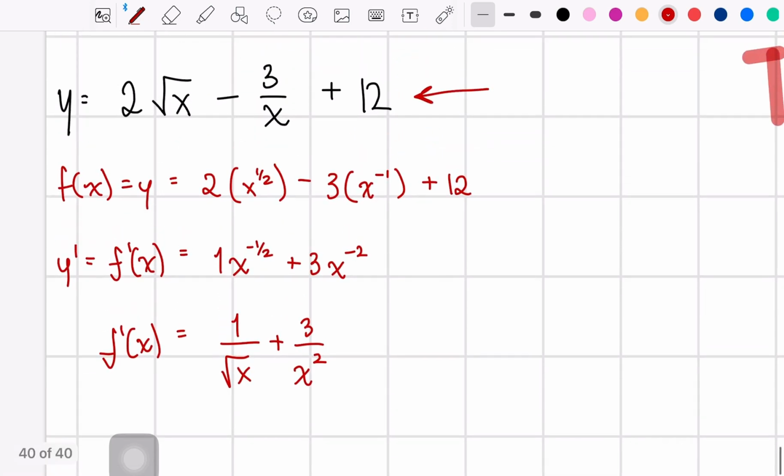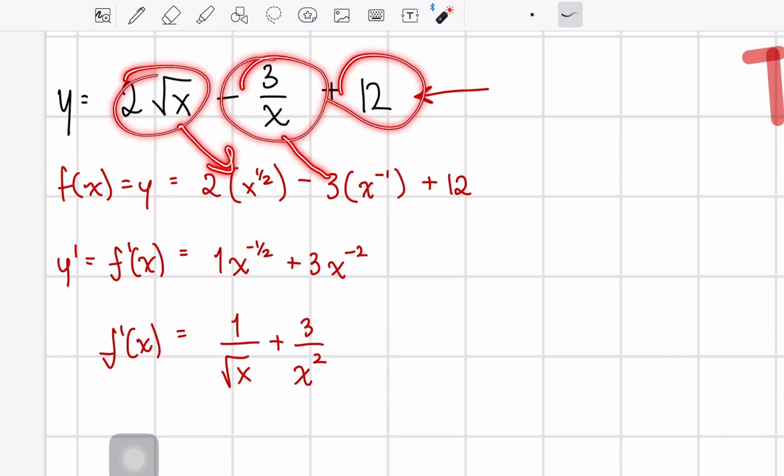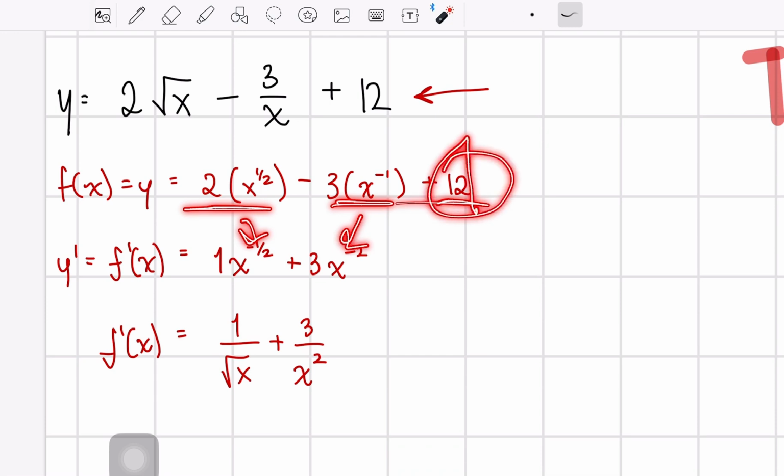So let me just recap exactly what we did here. We started with this equation. We then took each term and rewrote it in terms of powers. This last term would be times x to the power of 0, but we don't write that, so we're not really going to use it. Then we took the derivative of each term, and this one ended up disappearing because x is to the power of 0, and when you multiply x to the power of 0 by 12, you get 0.